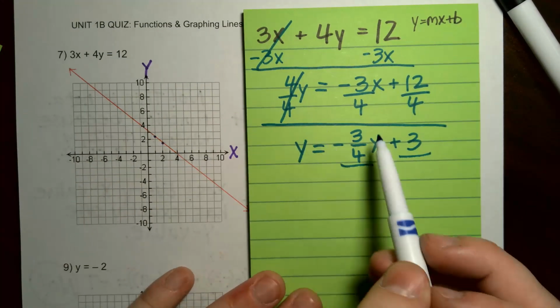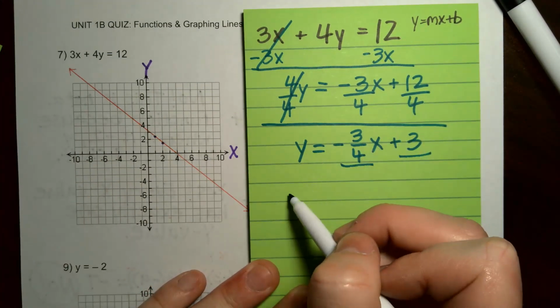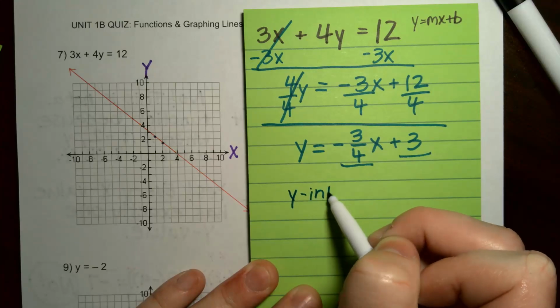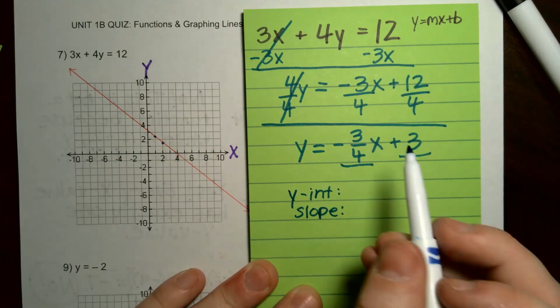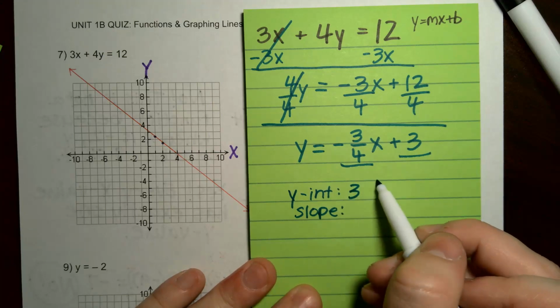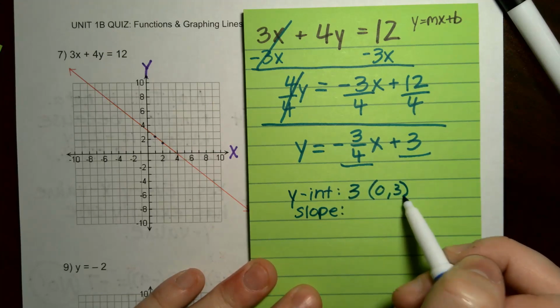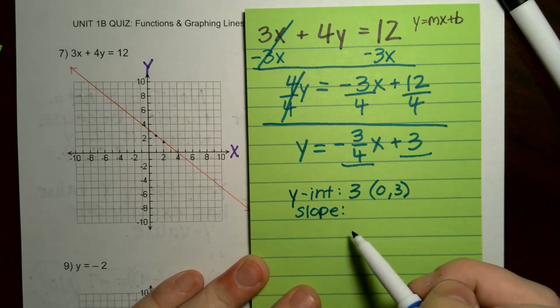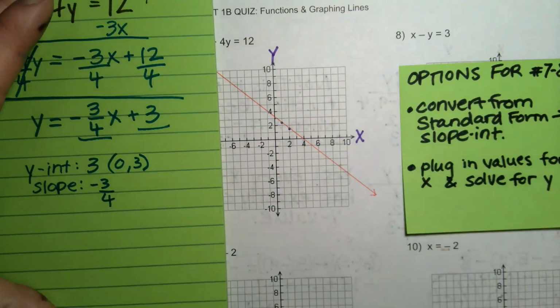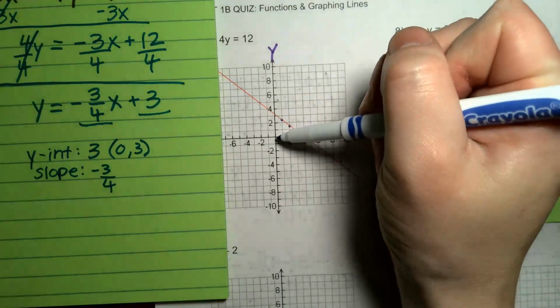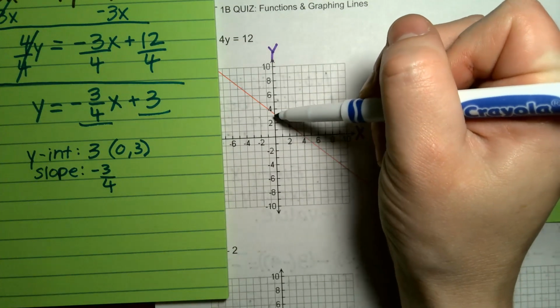Okay, so guys, let's kind of check our answer here. If we were going to do it this way, we could look at the y-intercept and the slope. So our y-intercept is 3, or (0, 3). And what's our slope? Negative 3/4. So let's look over here. Our y-intercept should be about 1, 2, 3.